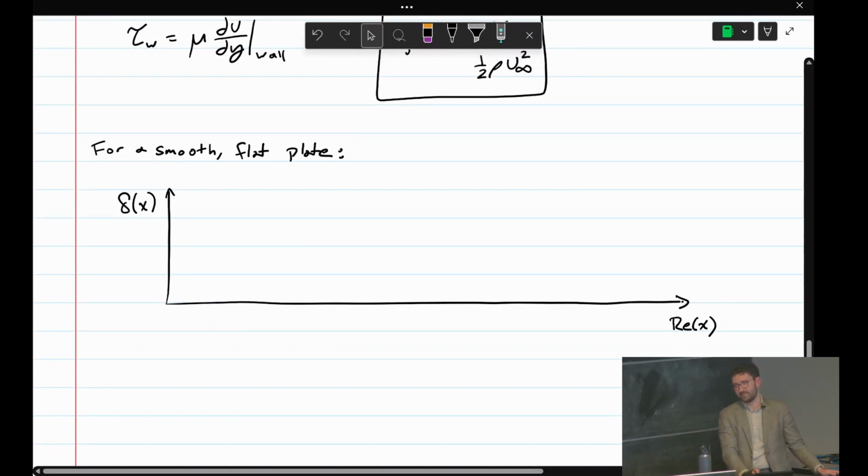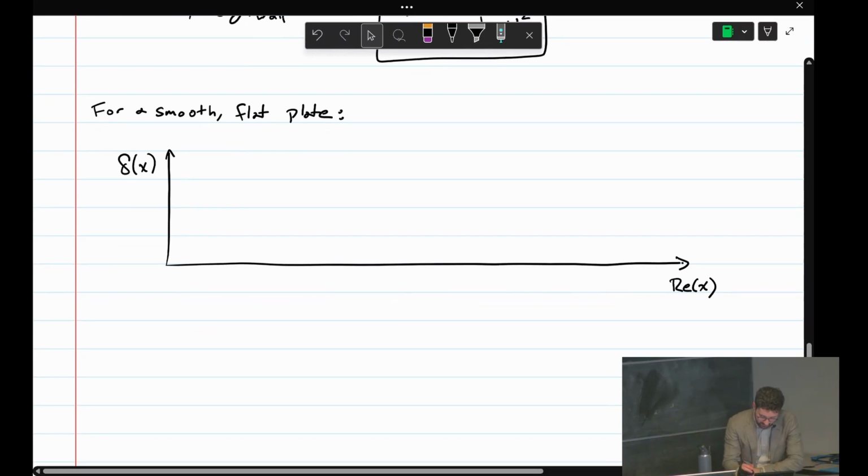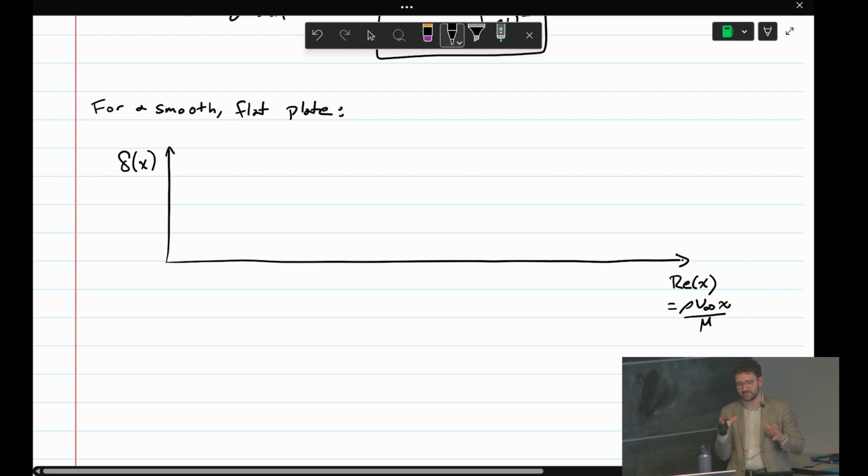Reynolds number of x, just to remind us, is rho u infinity x over mu. So if we have fixed free stream properties, we're not going to change anything. We're going to fix everything. We'll see that the boundary layer just grows along x. So if x is the only variable, the boundary layer is just going to keep growing.